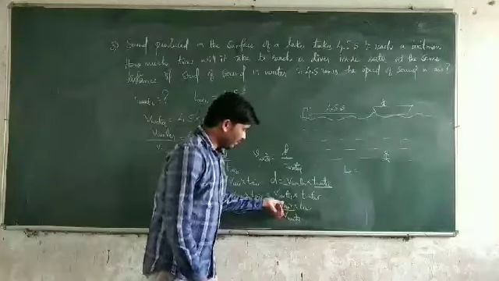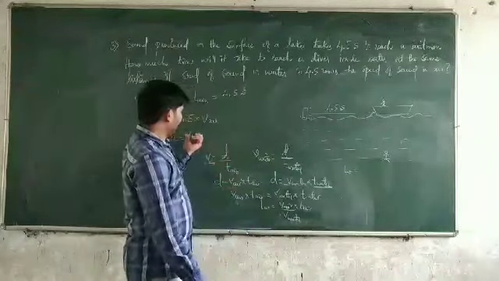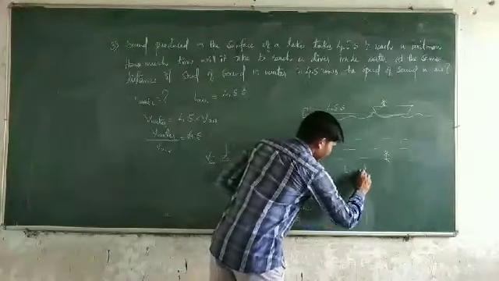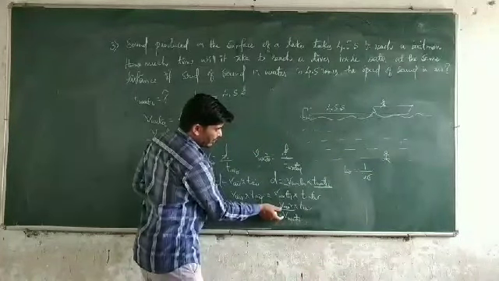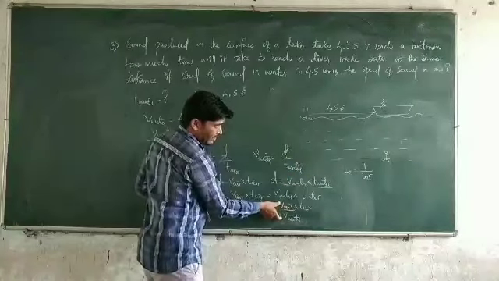So T of water, the time taken by the sound to reach the diver inside the water, is equal to, you know already, V of water divided by V of air is 4.5, but here it is the reverse case, V of air divided by V of water. So here you should write 1 by 4.5, because the ratio between V of water and V of air is 4.5, but here it is in reverse order.